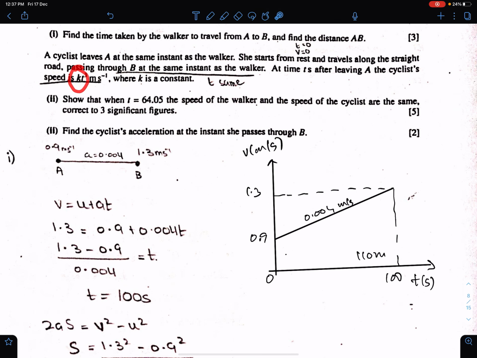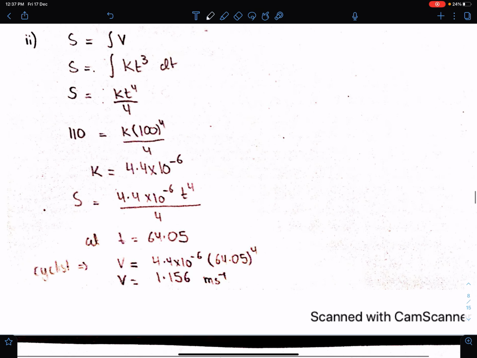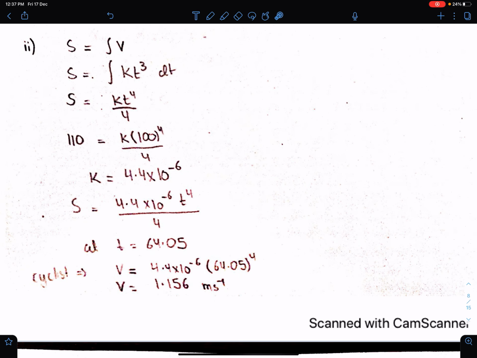Number one, we have to find the value of k. And we can easily find it with the help of this information. At t = 100, displacement of both the walker and cyclist will be the same, 110. So we will use this information and we'll get the value of k. See, when we integrate v, we'll get this equation.